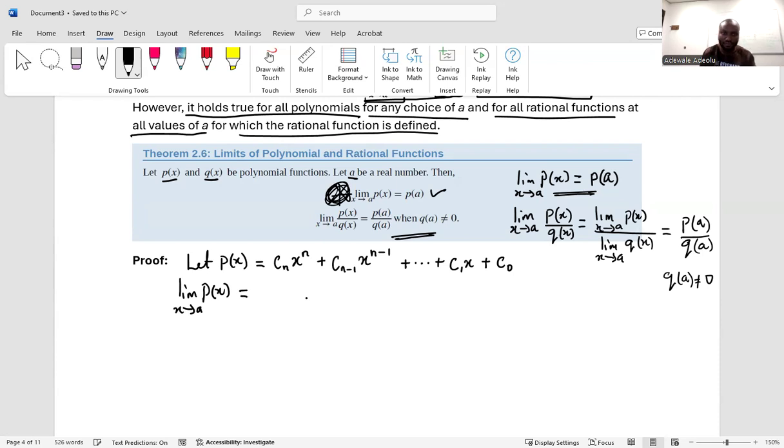So we will have the limit as x goes to a of C sub n x^n plus C sub n minus 1 x^(n-1) plus, and it goes on that way, C1 x plus C naught.